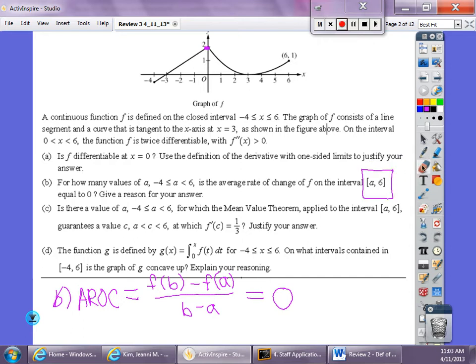All right, A to 6, so I'm going to change that B into a 6. All right, so it wants me to find from 6 to any other point would the slope be 0, and the only way that can happen is if the y value is the same. So that would be here, and that would be somewhere back here. Does that make sense?